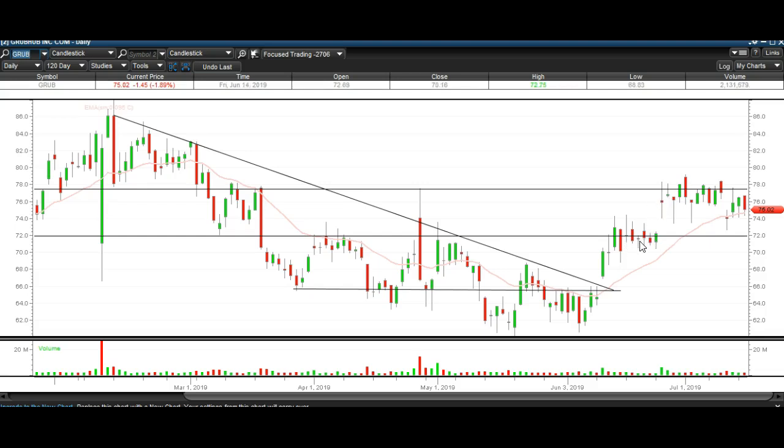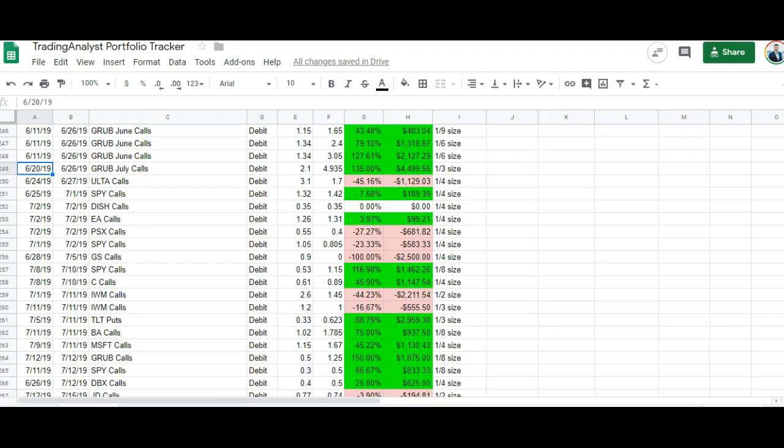But that was the reason we added to that position: we're trending up, trading sideways, holding that range, and then we got a nice higher high, higher low, and a higher close as well on that gap up. So that's GRUB.